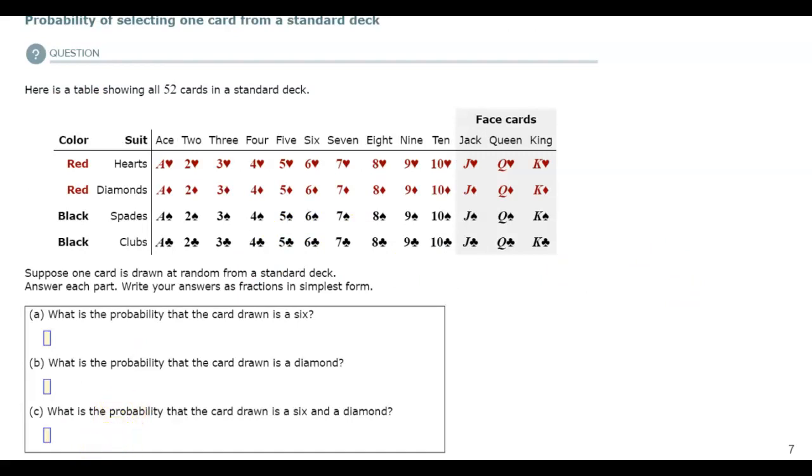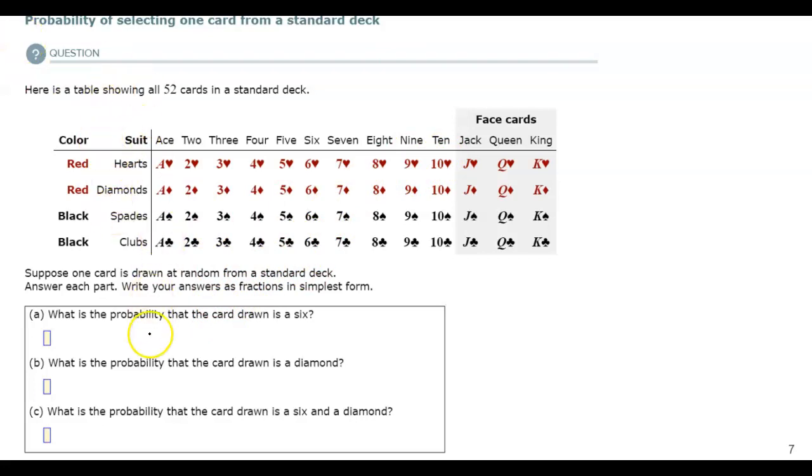Okay, another way that we will see probability a lot is with cards potentially. There's 52 cards in the deck. This gives us a table with the 4 suits, the type of card that each suit has, and it highlights face cards. So it says, what is the probability that a card drawn is a 6?